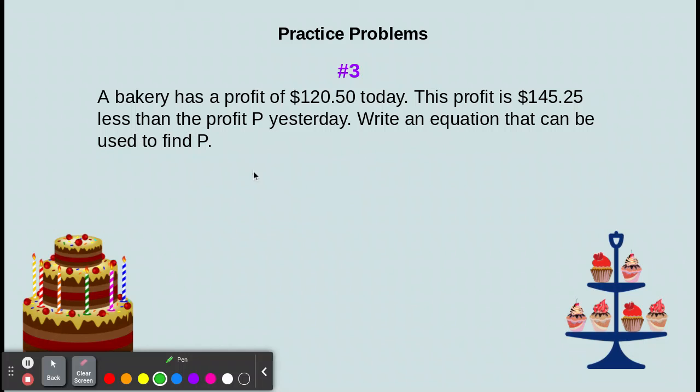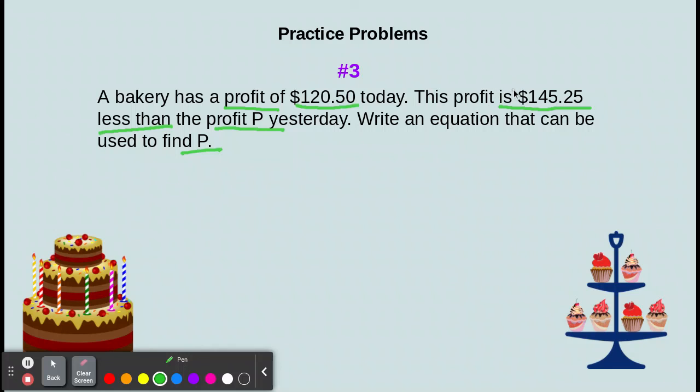So let's write an equation that can be used to find P. So let's underline. A bakery has a profit of $120.50 today. So the profit today is $145.25 less than the profit P yesterday. So let's see.